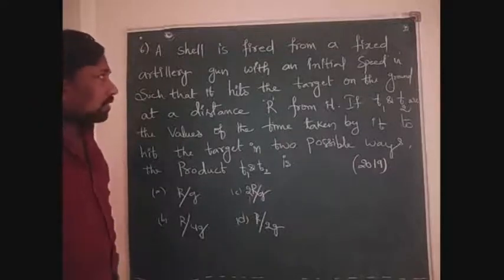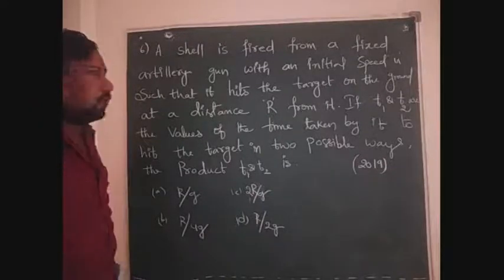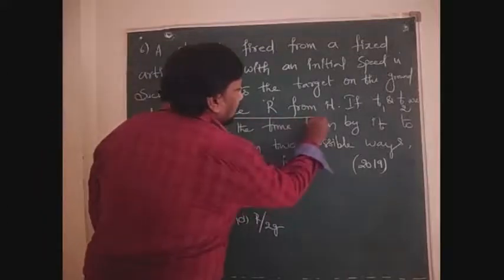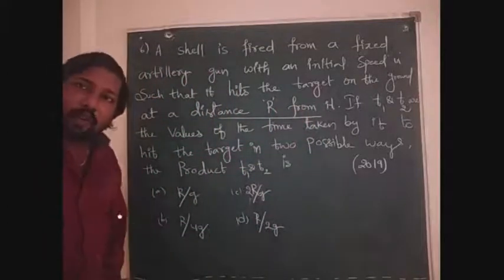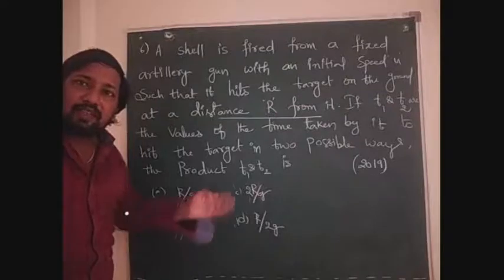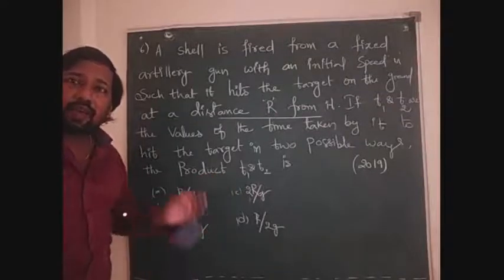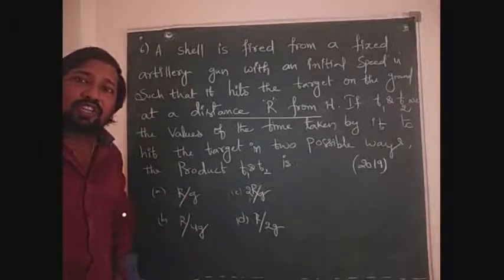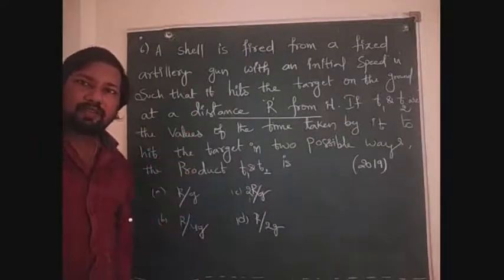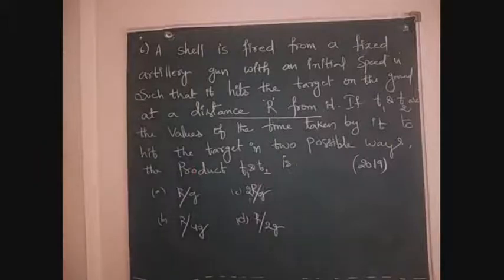Here in this case ranges are equal, so you can find the product of times, meaning the times of flight. In the case of equal ranges, the projection angles are complementary angles. Okay, now we can solve this problem.